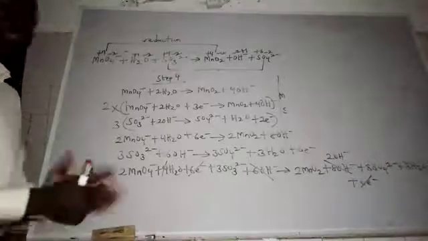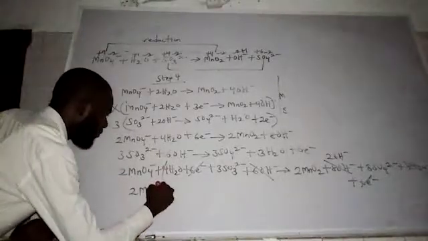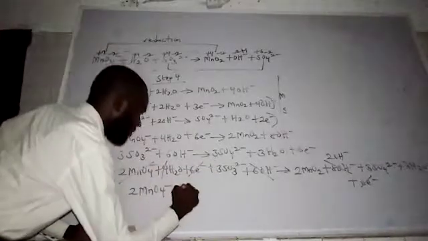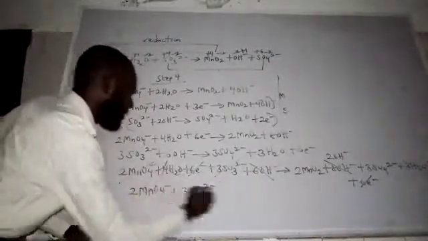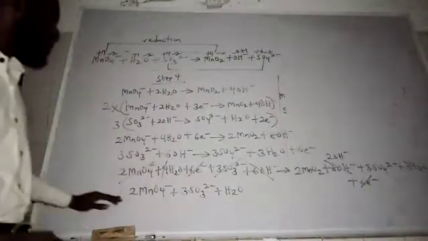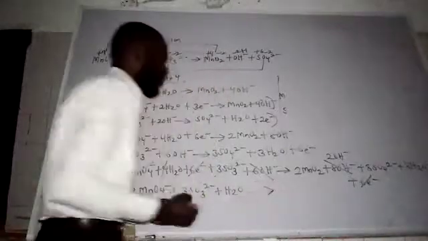Do I have any other similar thing? No. So I'm going to put this reaction together. I have my 2MnO4⁻, this is out, plus 3SO3²⁻, this is also out, then plus a water molecule. So these are all the things I have on the left hand side now. I'll move on to the right hand side, which is what?